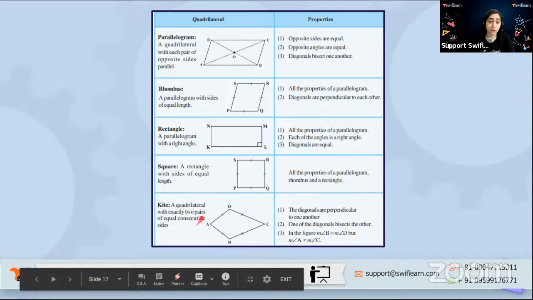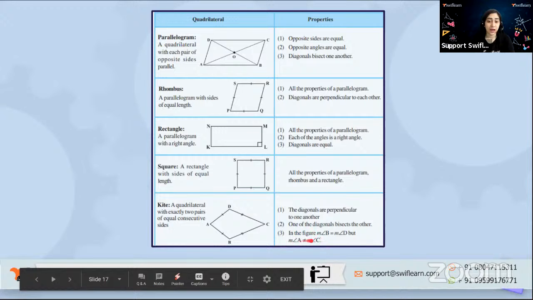The diagonals are perpendicular to each other. If I draw the diagonals AC and BD, they would be perpendicular to each other, and one of the diagonals would bisect the other.